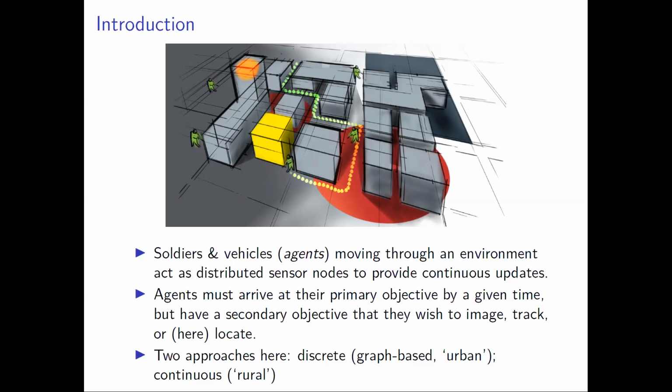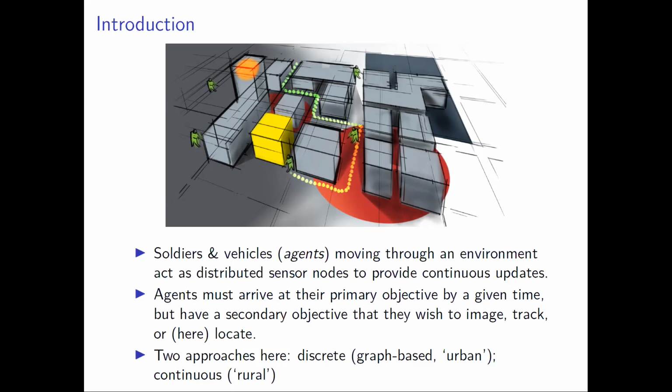So we were completely down the operations research and optimization track in terms of our way of thinking about this problem. The second thing is we then talked a little bit about the nature of the environment that the agents pass through. And it seemed to us, at least for learning purposes, it was useful to have a dichotomy of two completely different types of environment. So for example, your agents might be moving through the floor of a building, or through a dense urban environment.